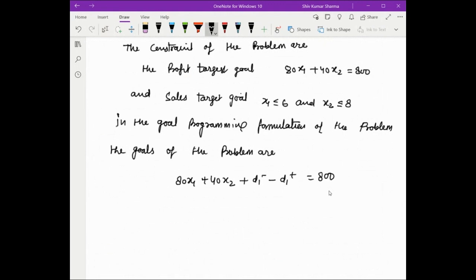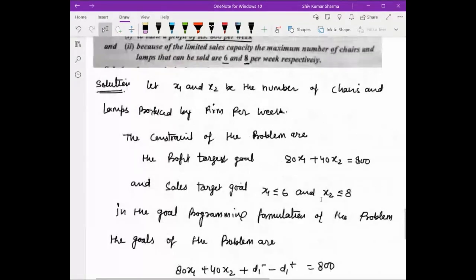This we did in example 1. And for the second variable, that means x2, if we have underachievement, that means limited capacity.